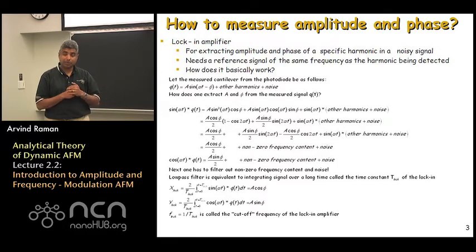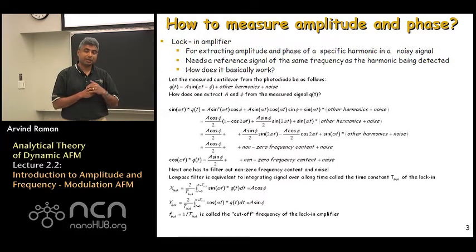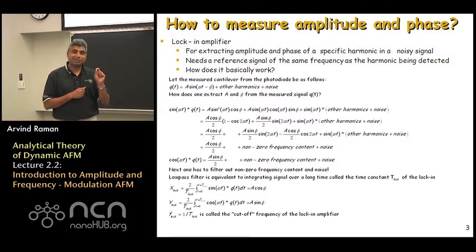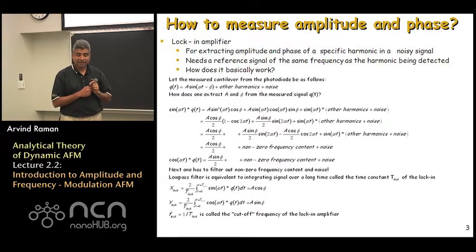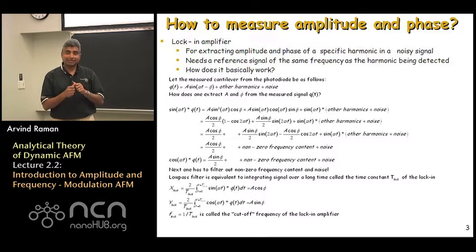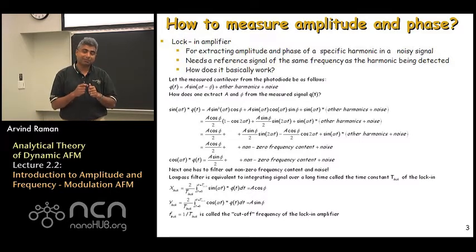In the same way, one could multiply the same signal q(t) by cosine omega t, where omega is the frequency at which you're interested in finding the amplitude and phase. And when you do that, you get the same thing. Now, remember, what we're trying to get out of the signal is A and phi.